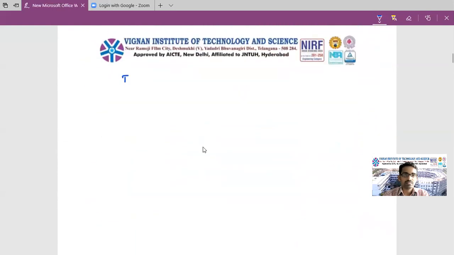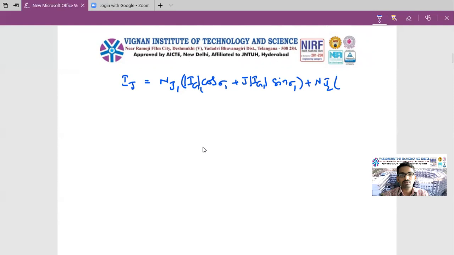Then you are going to get Ij equal to Nj1 into magnitude of Ig1 cos sigma 1 plus j magnitude of Ig1 sine sigma 1, plus Nj2 magnitude of Ig2 cos sigma 2 plus j magnitude of Ig2 sine sigma 2.